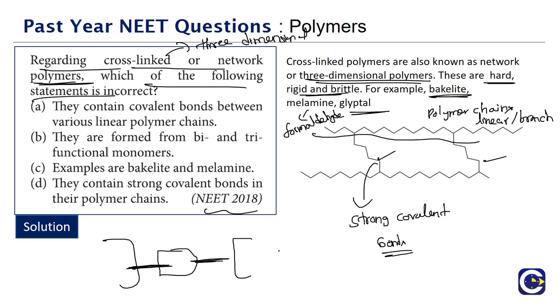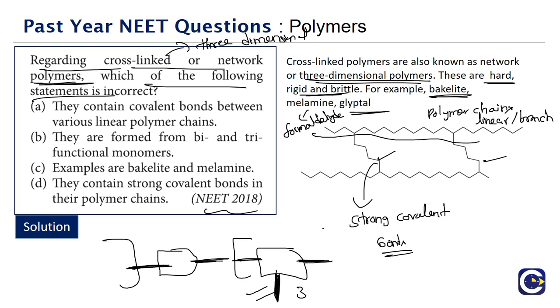But if one monomer is having 2 sites, other is having 3 sites, then this third active site which is left is what can give rise to the cross linking.